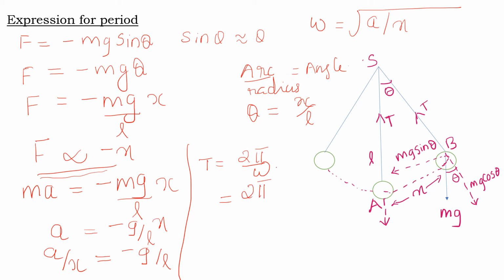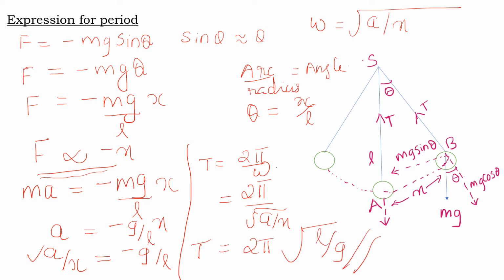Therefore, time period T can be represented as 2 pi divided by root of a by x, or from this equation a by x can be represented as g by L in magnitude, that is T is equal to 2 pi into root of L divided by g. That is the expression for the time period of oscillation of a simple pendulum. T is equal to 2 pi into root of L by g.